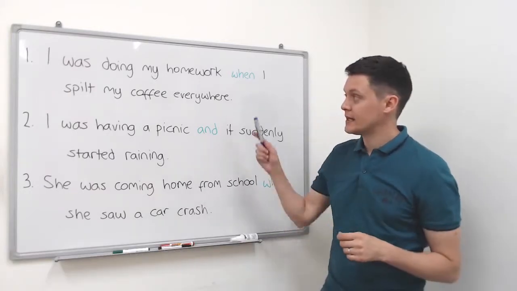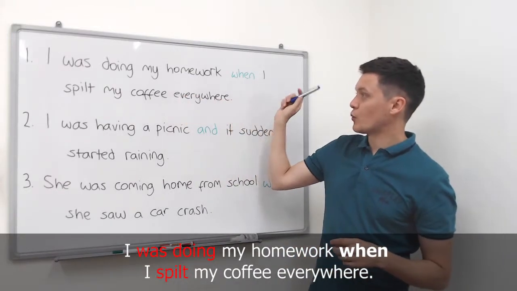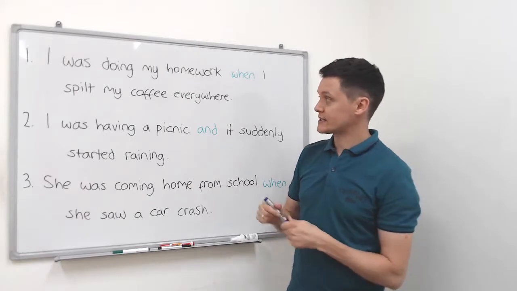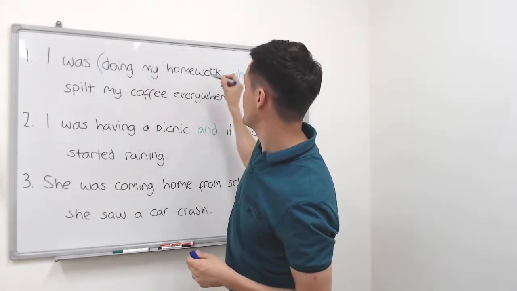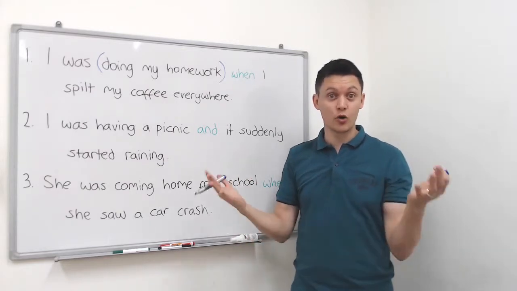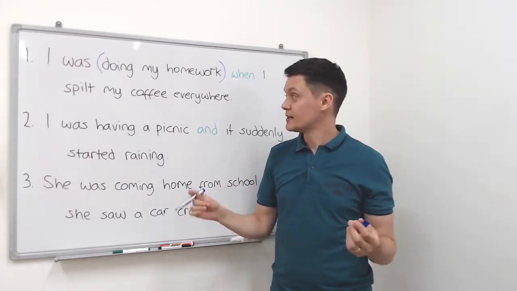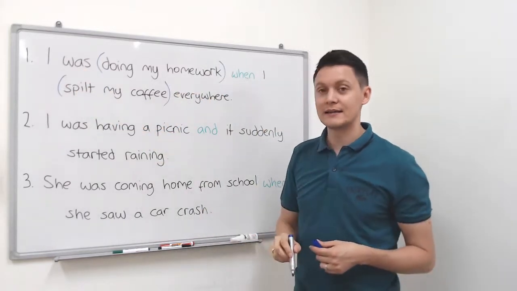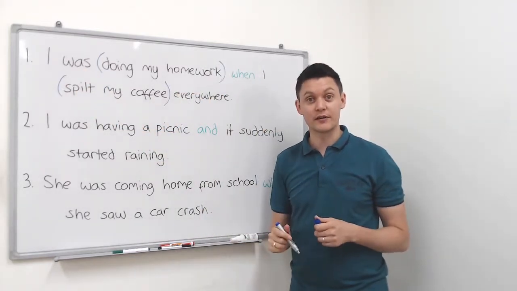So let's look. I was doing my homework when I spilt my coffee everywhere. Now we can see here, doing my homework, that's on purpose, that's my normal life action, and then spilt my coffee is the accident that interrupted.